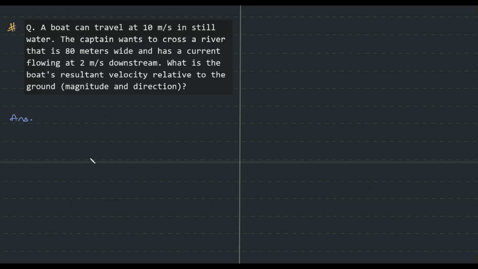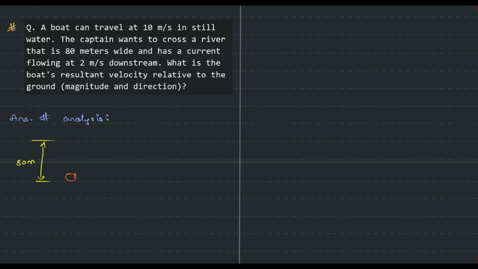Okay, a boat can travel 10 meter per second in still water. The captain wants to cross a river which is 80 meter wide. Let's analyze. We have a boat, it wants to cross some distance, 80 meter, and the current flows downstream. So we have water current.